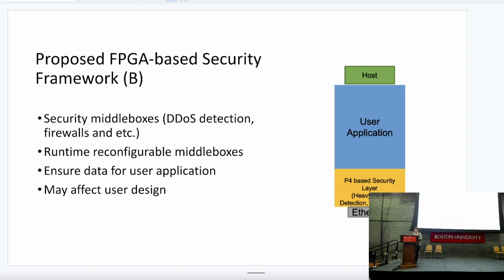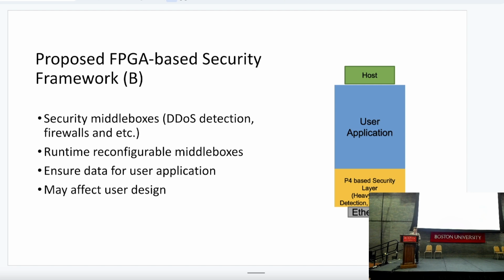In that case, we're giving the user less freedom. We're putting a security layer, maybe a firewall, maybe heavy hitter detection, before the network connection, allowing the user less freedom but stopping the attack before it starts. And we're looking into both of those models.